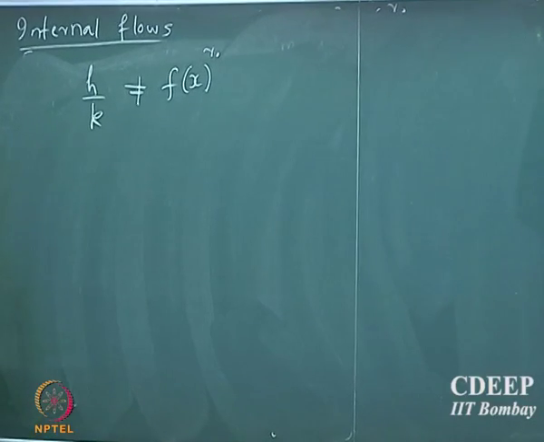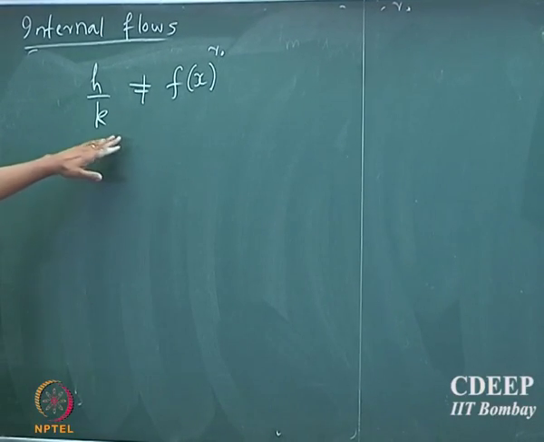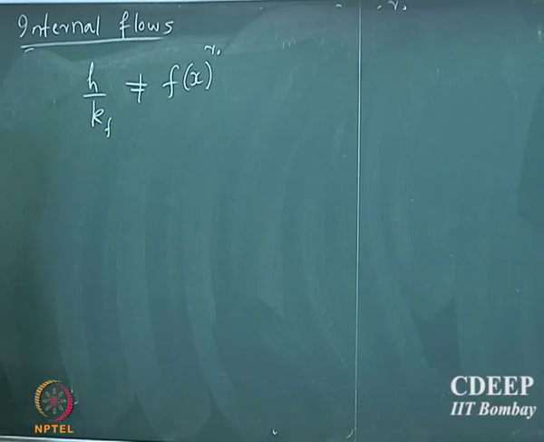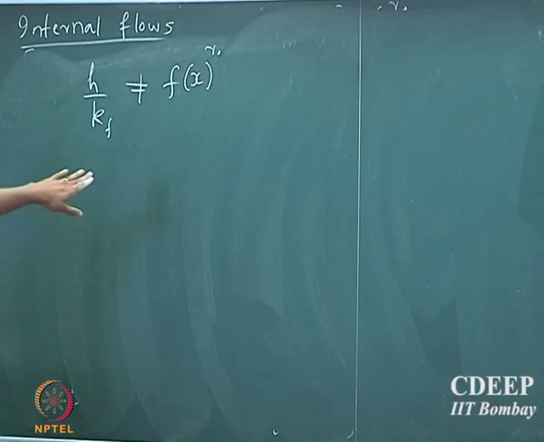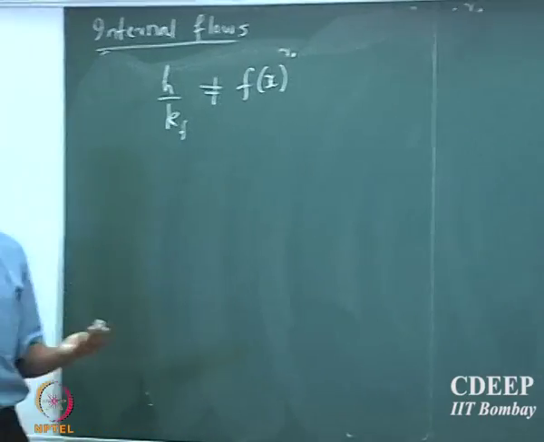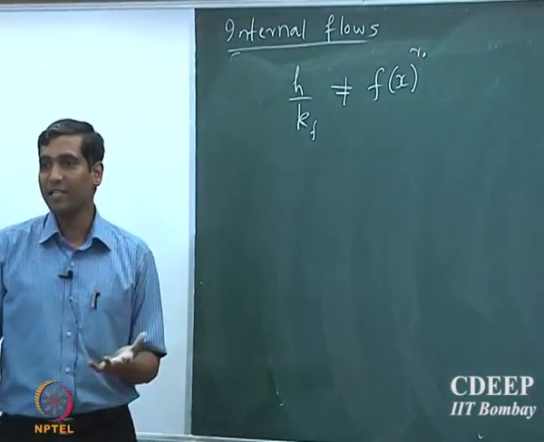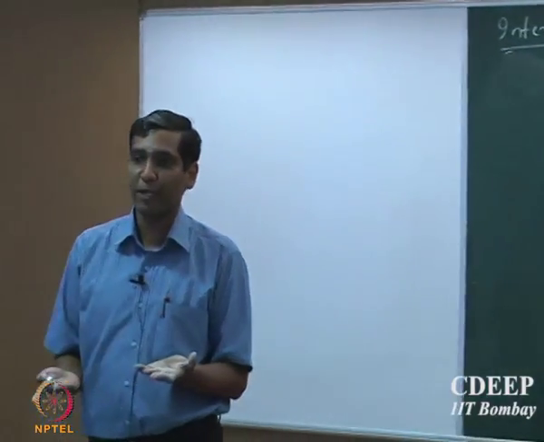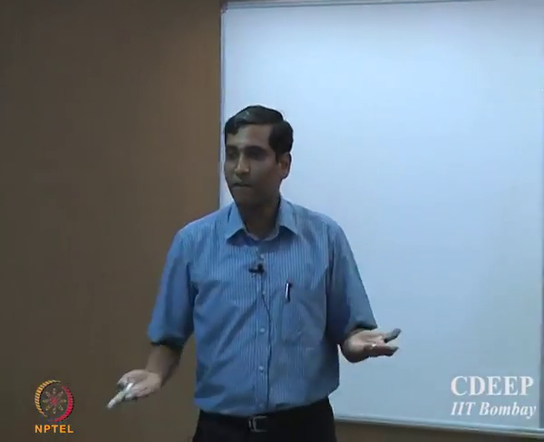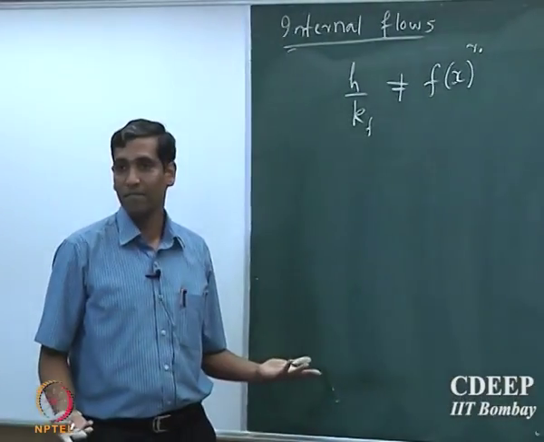So this provides an excellent framework for comparing the transport properties for different fluids. The conductivity of different fluids are different. So this provides a very nice framework for comparing the properties of heat transport for different fluids which will have different conductivity.